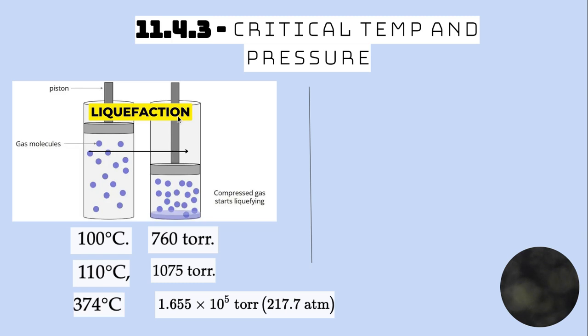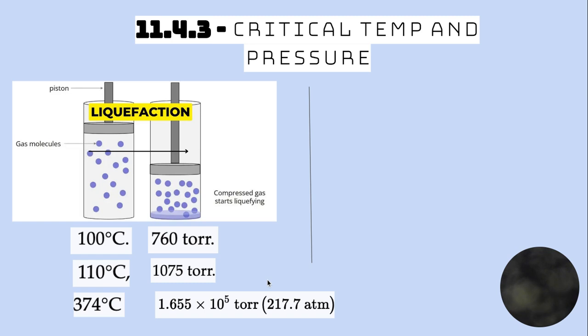At 110 degrees, we need 1075 torr, and finally at 374 degrees, we need 1.655 times 10 to the 5th torr. So we can see an obvious trend: as the temperature of the gas increases, the more pressure we need for the liquefaction process to begin.